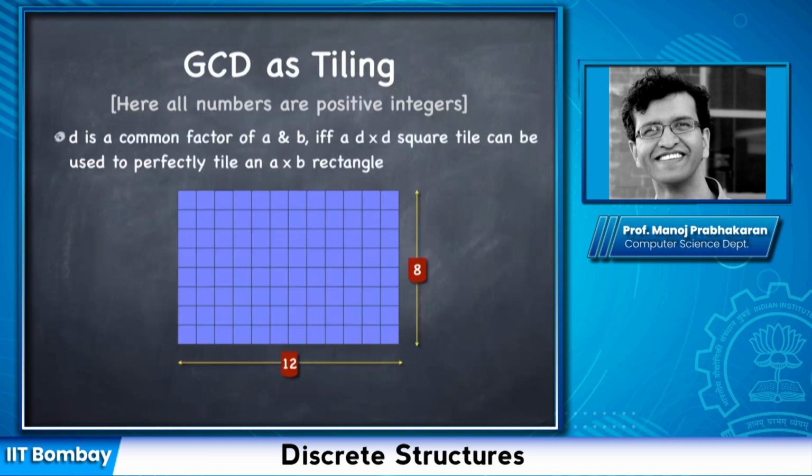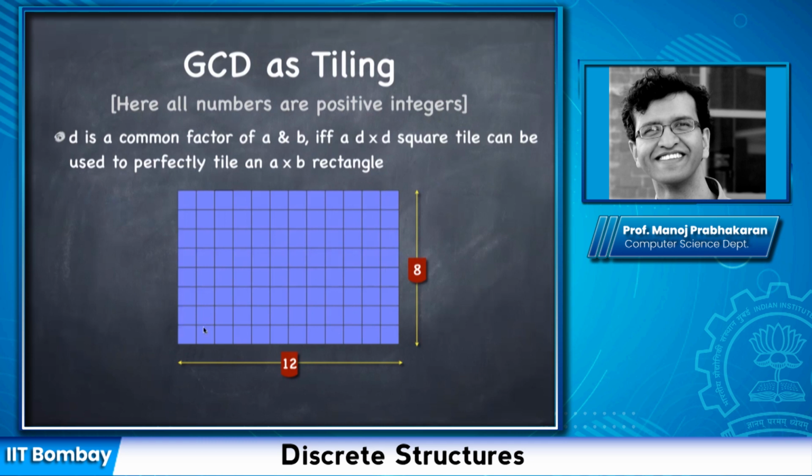A way to think of a common factor is this: a number D is a common factor if I could take a D by D square tile, so D divides 12 and D divides 8, right?